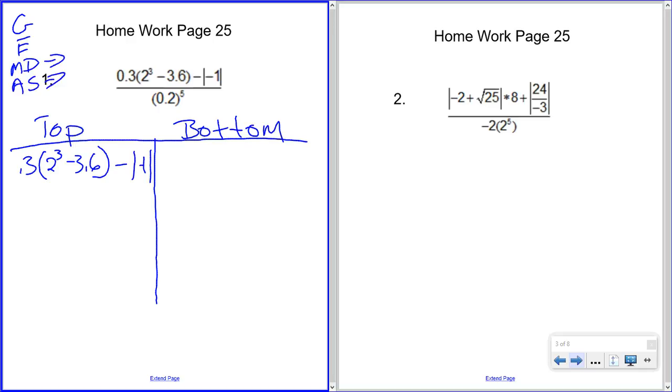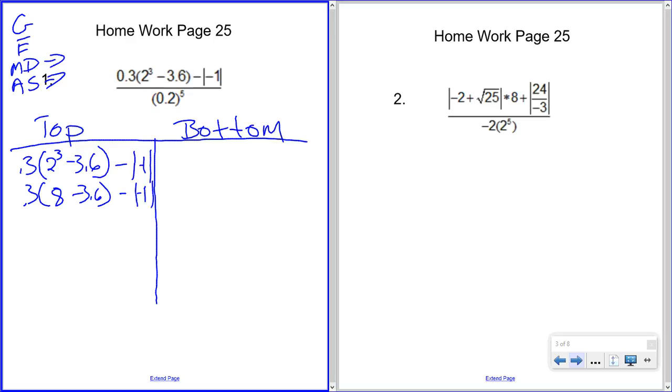So we do have grouping, so we're going to go inside of grouping. Is there any more grouping inside of grouping? No, there's not. So now we're going to move on to exponents. 2 to the 3rd power is 8, so we'll write that down. 8 minus 3.6, and we're going to put 0.3 there, minus the absolute value of negative 1.